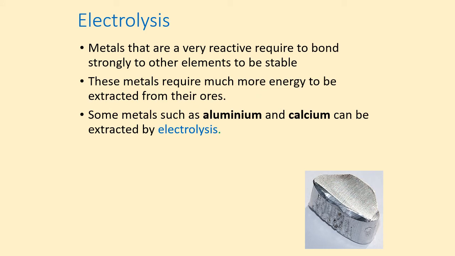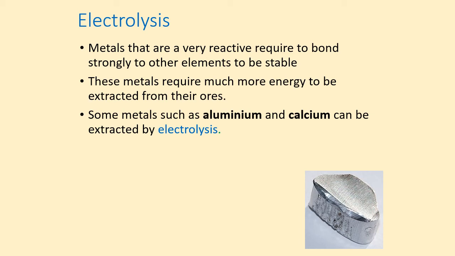Metals that are very reactive need to be bonded to something in order to be stable. So in metal ores, these reactive metals are very strongly bonded to other elements. If we want to separate that metal from the elements it's already bonded to, we need to use a lot of energy.